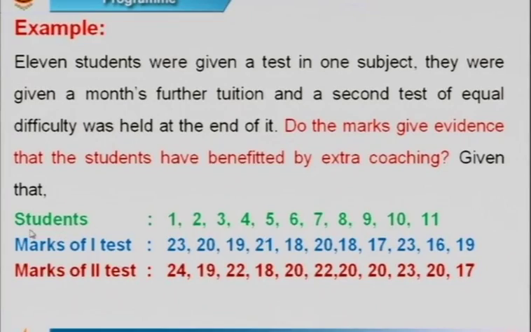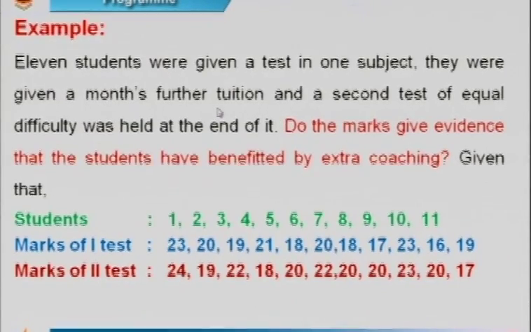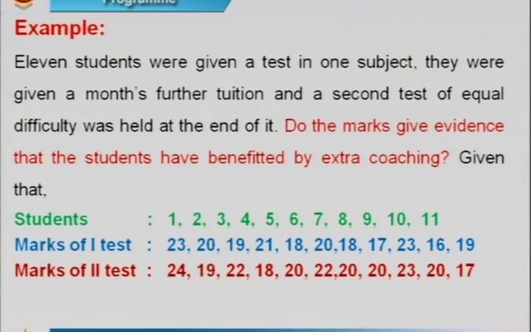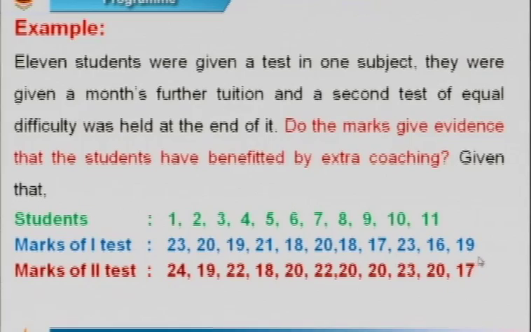Now, the data is like this: 11 students are there from 1 to 11, and the first test marks scored before giving the month's further tuition are 23, 20, 19, 21, 18, 20, 18, 17, 23, 16 and 19.